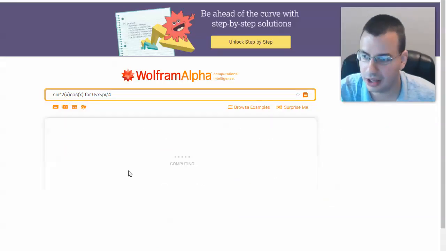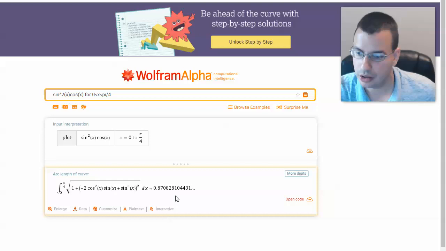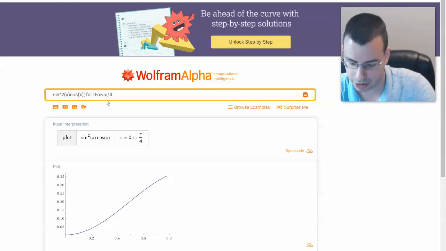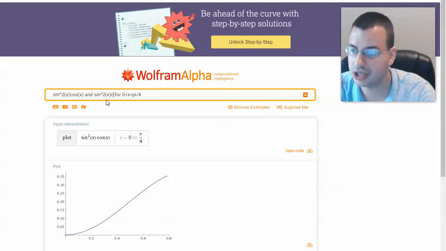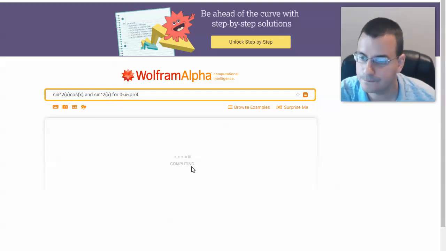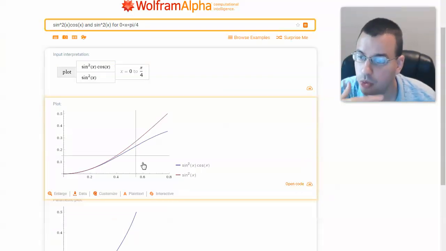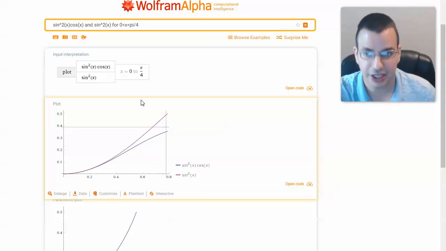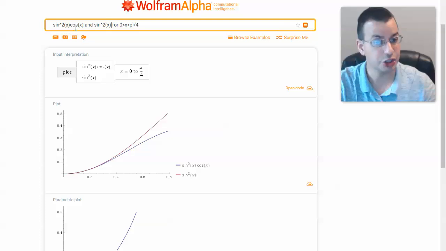You get something like this. And then if we put on there as well sine squared of x, we can see here that sine squared of x cosine of x is less than sine squared of x. That's because cosine of x is less than 1.